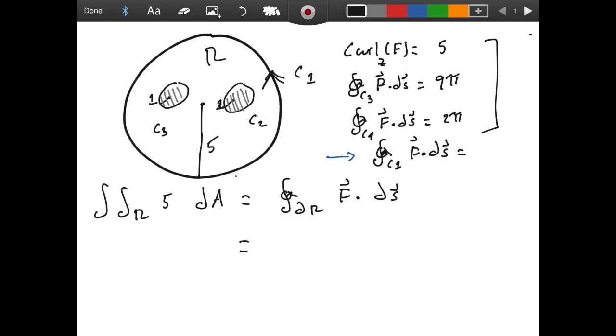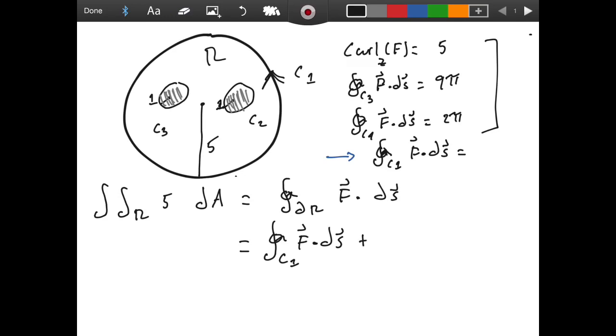Because these gray areas here that are enclosed by C3 and C2 are not part of the region. So this is equal to the integral over C1 with the counterclockwise orientation of the vector field f. Now that's what we care about. This is the thing that we want to know.